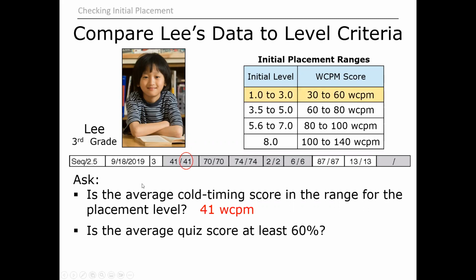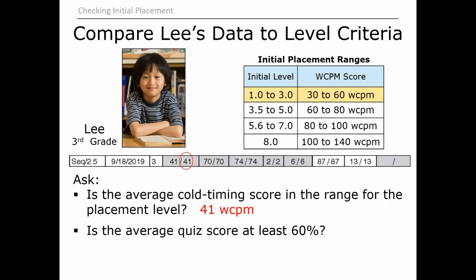It is. So this tells me that if I got 41 with him on his initial placement day, the computer would have said 2.5 is the right level for him. Go ahead and pick one of these levels written at that mid-second grade level. So right now I'm thinking he's in the right level, but I want to make sure he's understanding well enough that I don't want to lower his level.